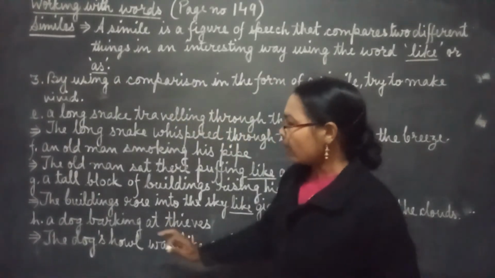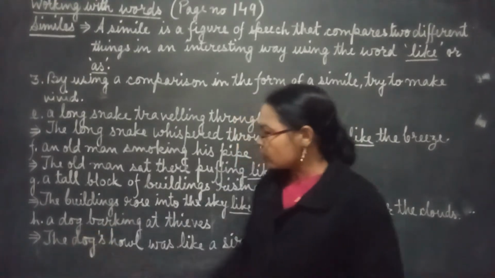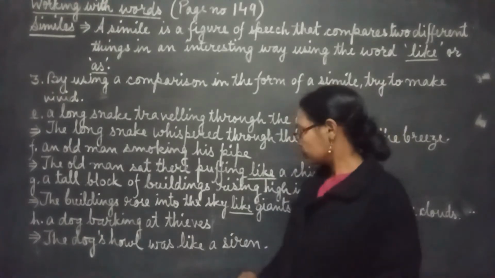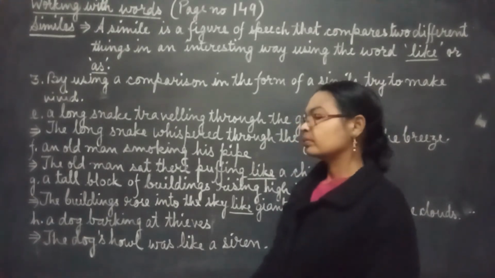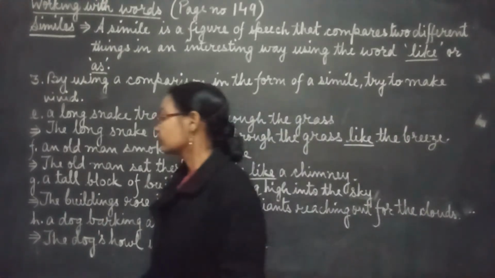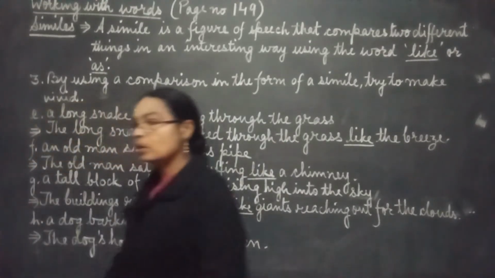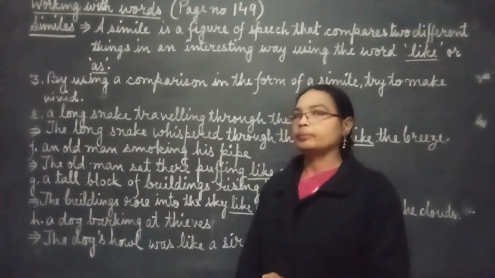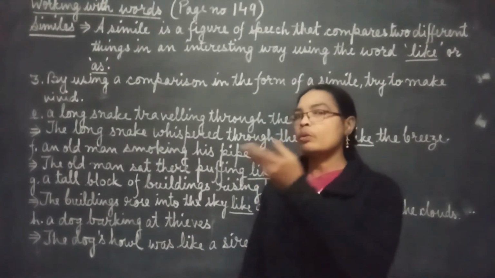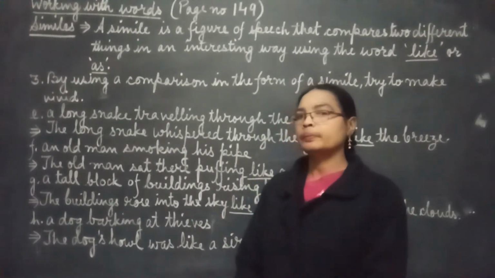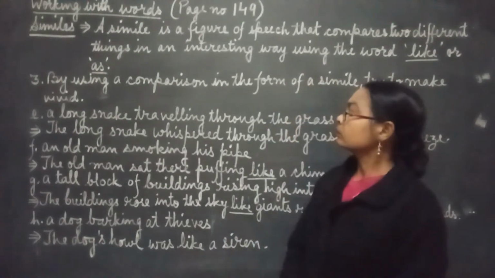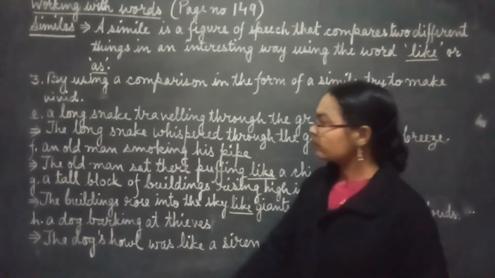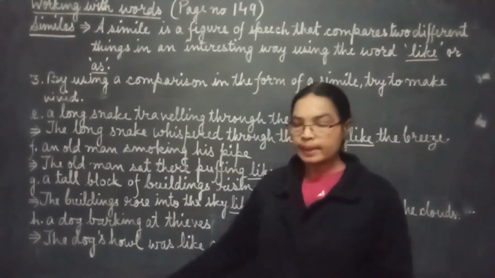Okay? Come to number H. A dog barking at thieves. So, a dog is there and the dog is barking. So, some sound is coming out from the dog's mouth. Isn't it? So, we got the sentence.